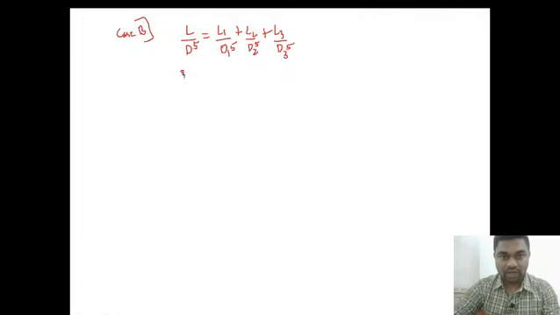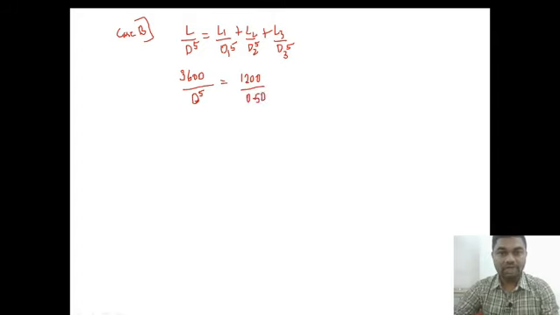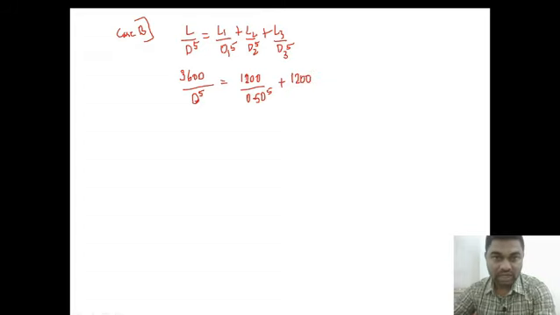So what is the value of L? 3600 by D to the power of 5, the diameter of the equivalent pipe, which is unknown. You know that length 1 is 1800 meters by diameter 0.50 whole to the power of 5, plus the length of pipe 2 is 1200 meters, with diameter 0.40 whole to the power of 5.